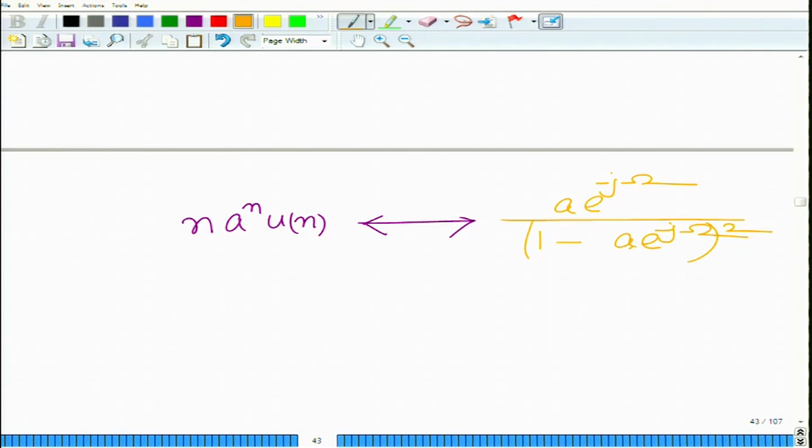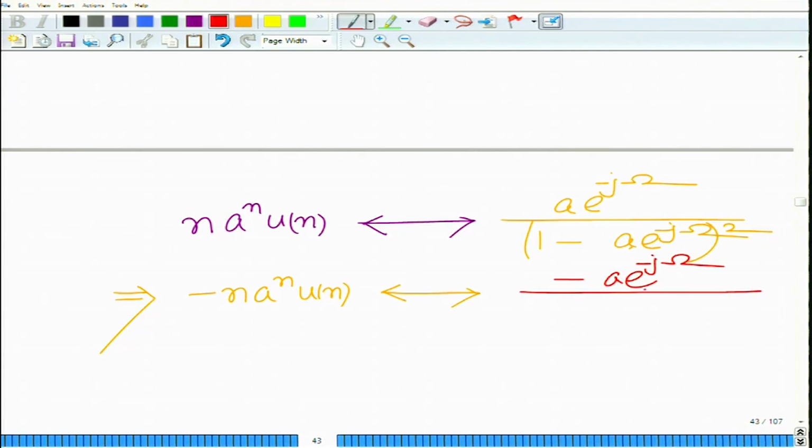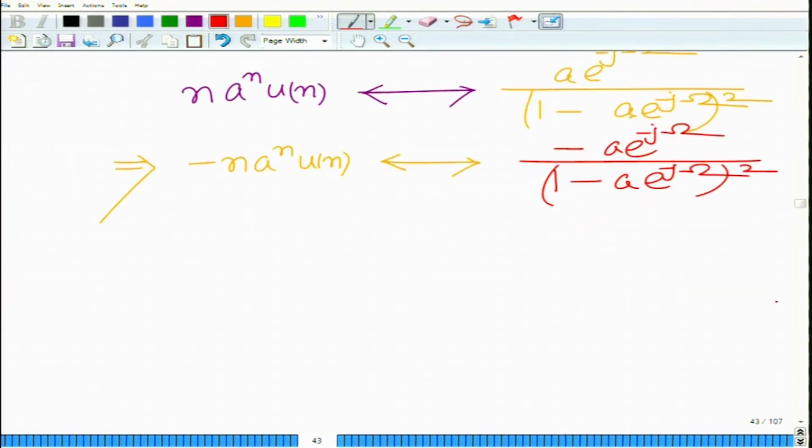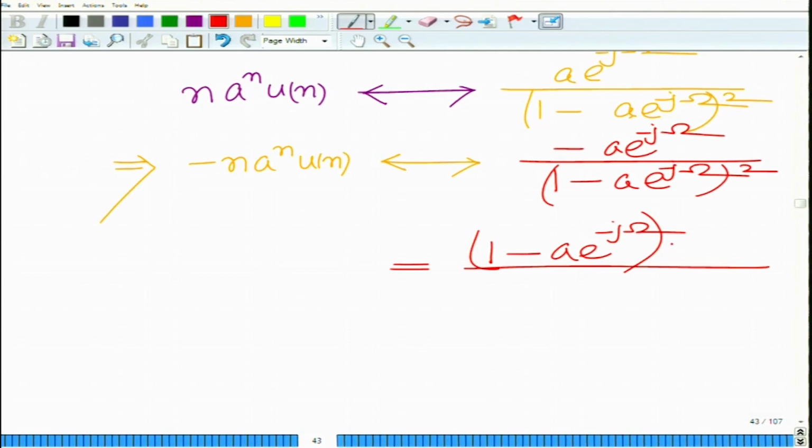If you take the negative of this, minus n a^n u[n] has the DTFT minus a e^(-j omega) by 1 minus a e^(-j omega) whole square. Now, you can add and subtract 1. So that is equal to 1 minus a e^(-j omega) minus 1 over 1 minus a e^(-j omega) whole square.